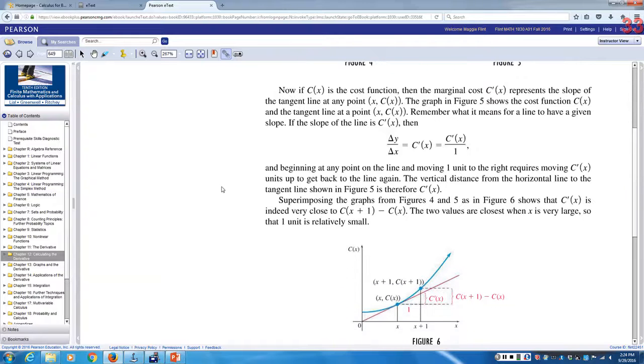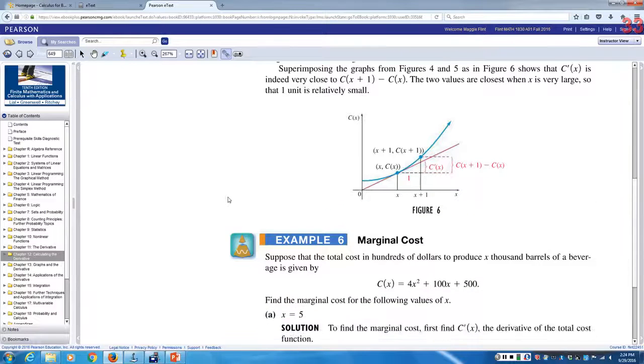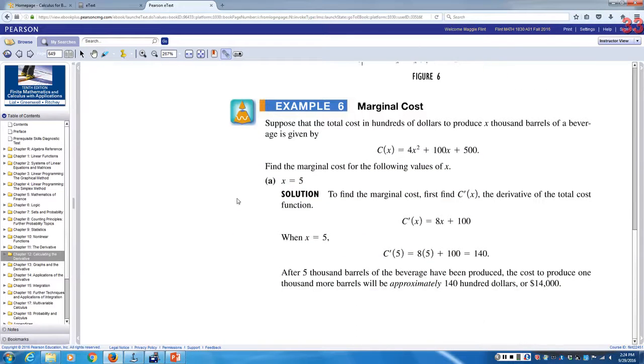And as I said, it's the cost of producing the next item. For an example, let's look at how you would work example 6, marginal analysis. And then we'll try to work another example. It says, suppose the total cost in hundreds of dollars to produce x thousands of a beverage is given by this cost function, C of x equals 4x squared plus 100x plus 500. They want us to find the marginal cost for x equals 5.